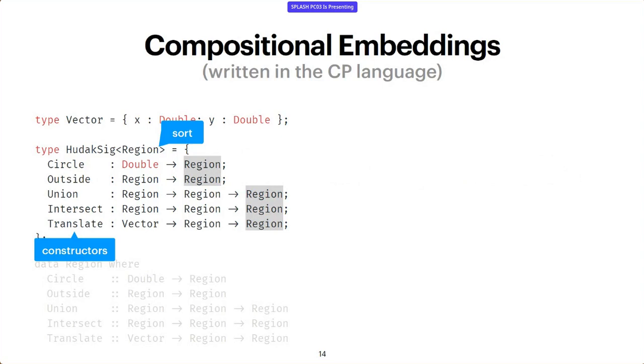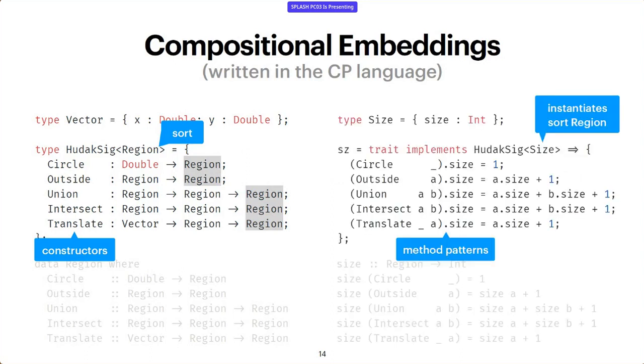The sort is abstract here, but it can be instantiated to different types to map to different semantic domains. Here, we instantiate the sort to Size. The Size type is defined as a record with a label size, and the field type is int. And we will implement such an interface using a trait.